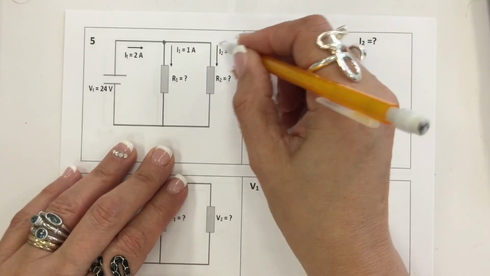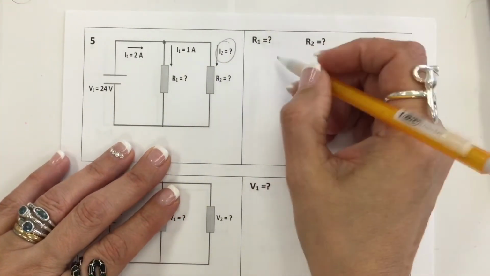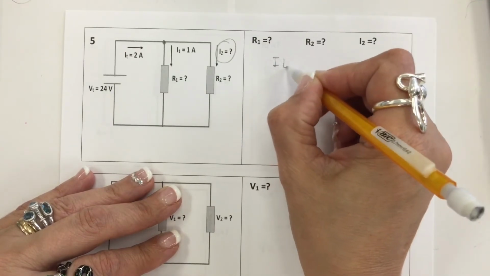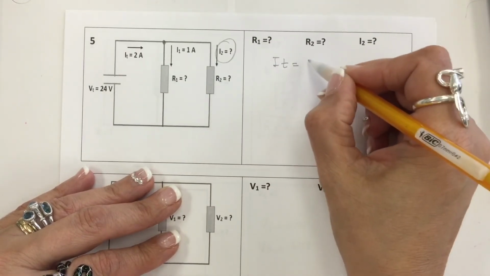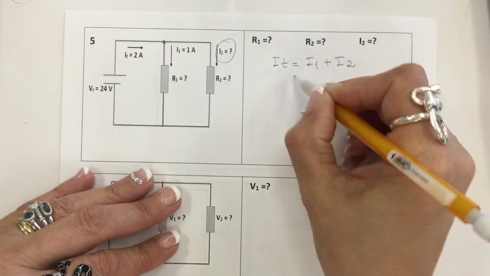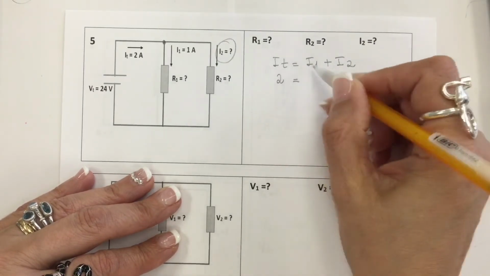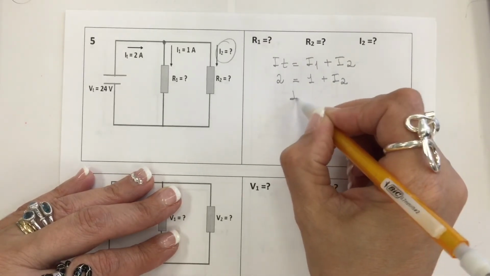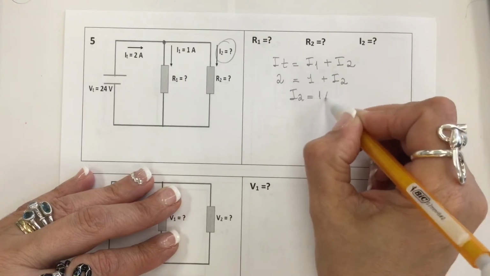So let's start with I2. The sum of the currents in, which is IT only, is equal to the sum of the currents out. So my IT is 2, I1 is 1, and my I2 is 1.